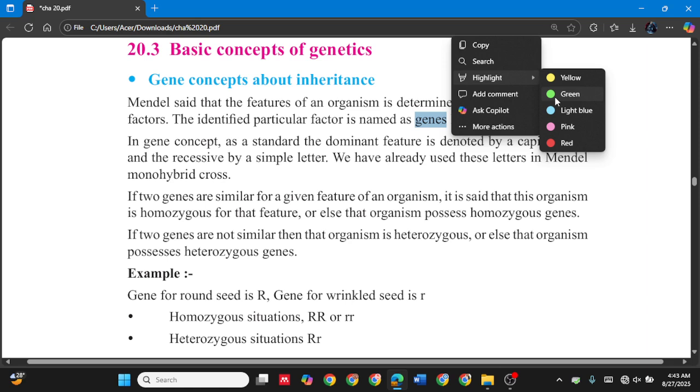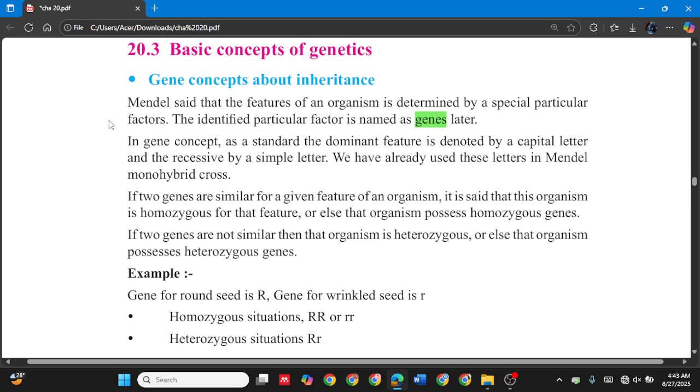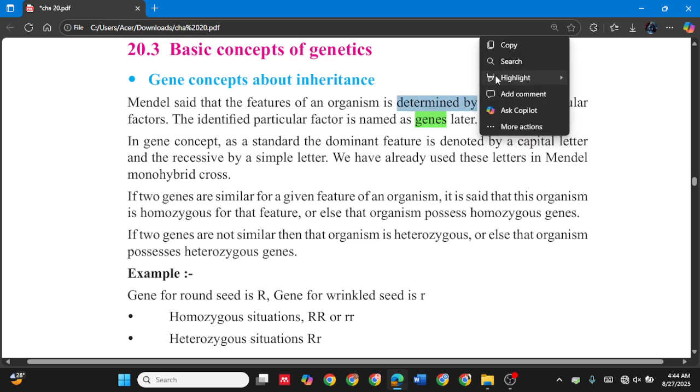Features of an organism are determined by factors. These genes are the factors which determine the feature of an organism.